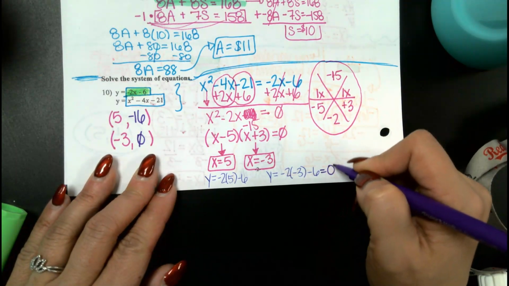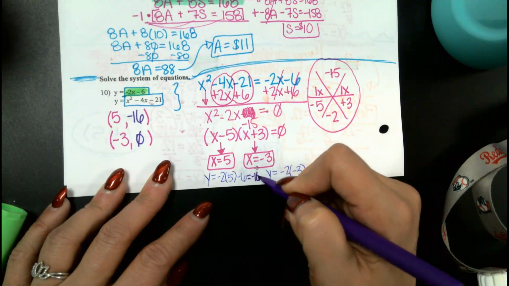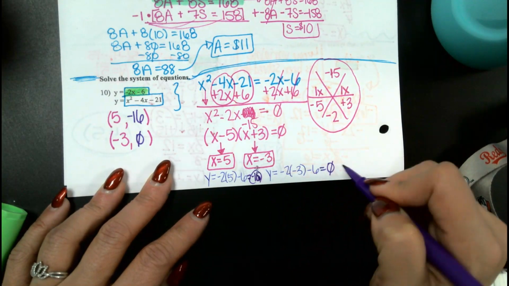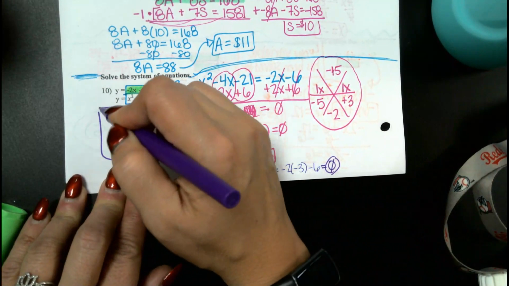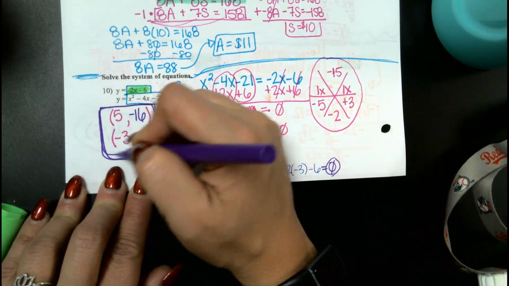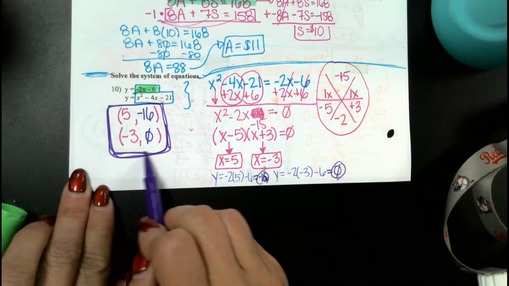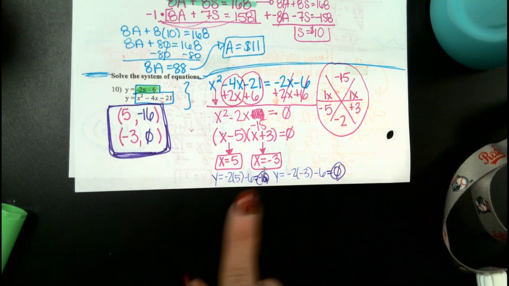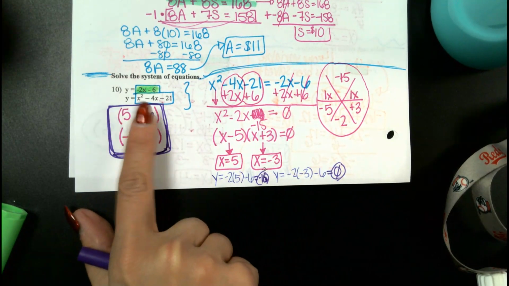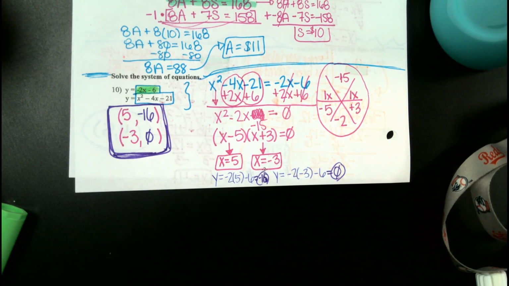And I'm getting a 0 when you use the negative 3. Is that what you guys are getting? Okay. So then just make sure at the end, write it as 2 ordered pairs. And make sure you pair up each number with the correct x. So the negative 16 has to be paired up with the 5, and the 0 has to be paired up with the negative 3.